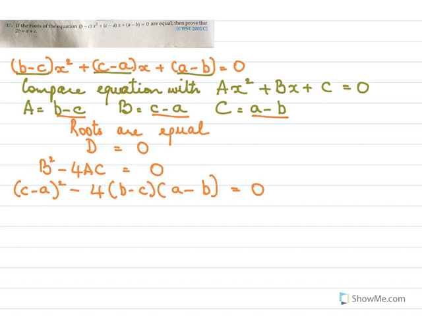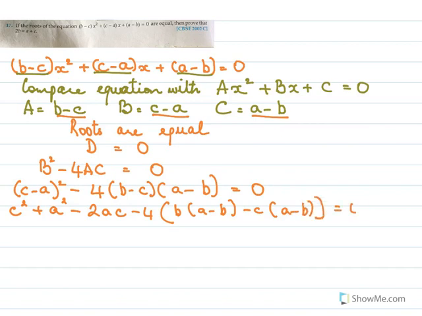Now we go ahead. (c minus a) the whole square, (a minus b) the whole square is a square, b square minus 2ab. Now minus 4, and I open the bracket. First I do b into a minus b and minus c into also a minus b equals 0. So again c square, a square, minus 2ac, minus 4.